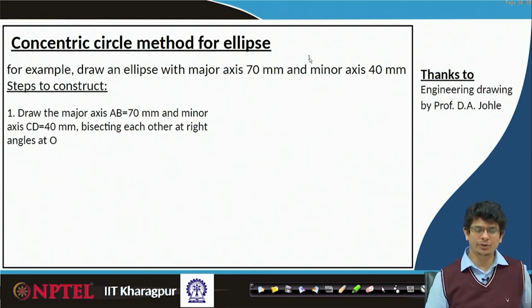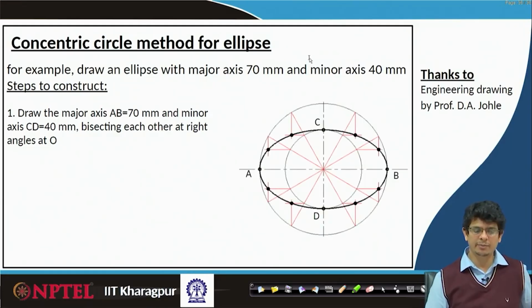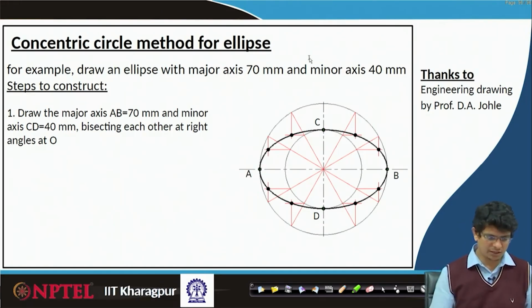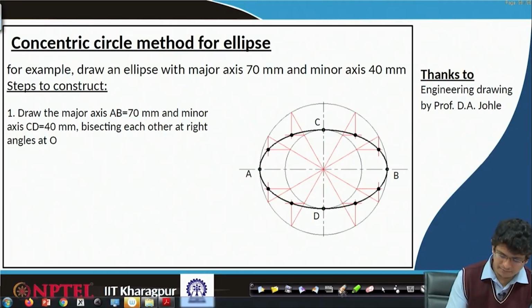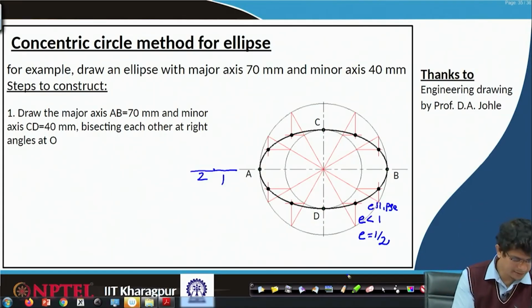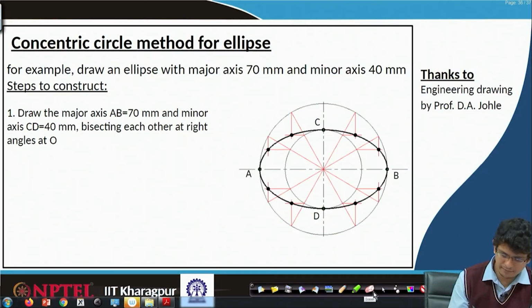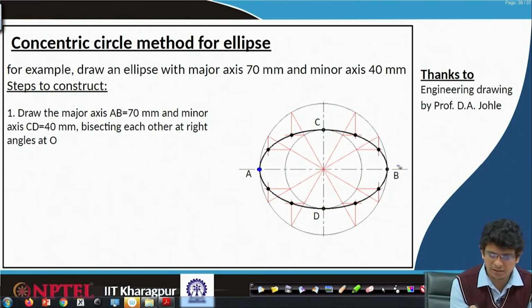For that purpose, what we have to do is draw a horizontal line, which we call the major axis, in this case AB, 70 mm, and the minor axis with 40 mm, and these two bisect each other at right angles at O. So, let us look at this. A, B points on a horizontal line are 70 mm apart.